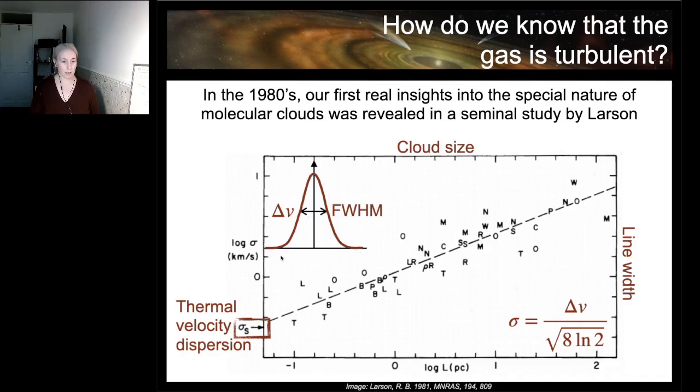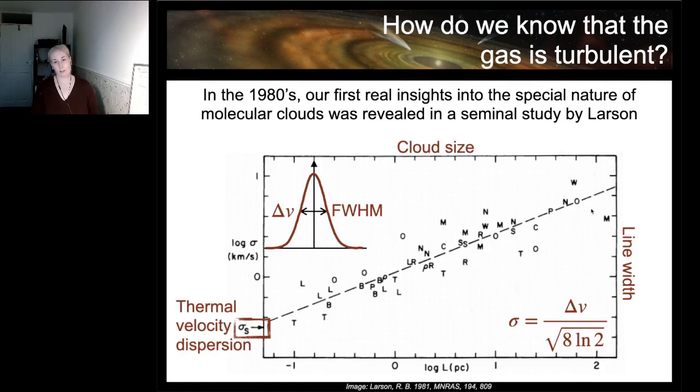So you can see here this is a Gaussian, so we have the full width at half of the maximum of the line. And he worked out the velocity dispersion, which is related to the full width at half maximum with this expression here. He plotted the log of that value on the y-axis versus the size of the cloud in parsecs. So we're going from about 0.1 parsecs all the way up to 100 parsecs at the far right of the x-axis.